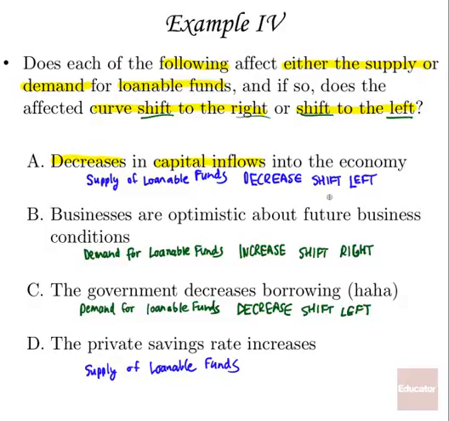This is probably going to be supply increase to the right, but let's make sure you read this problem before you jump to any conclusions. The private savings rate increases, and that is correct. So the supply of loanable funds is going to increase, and therefore it's going to shift right.